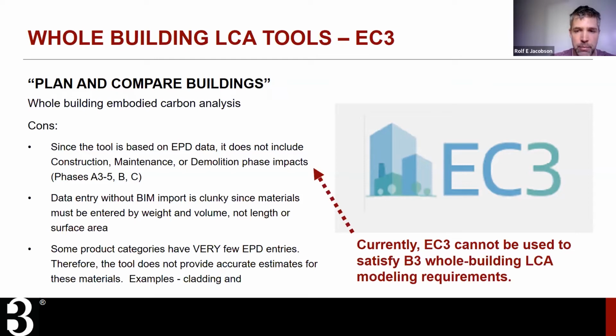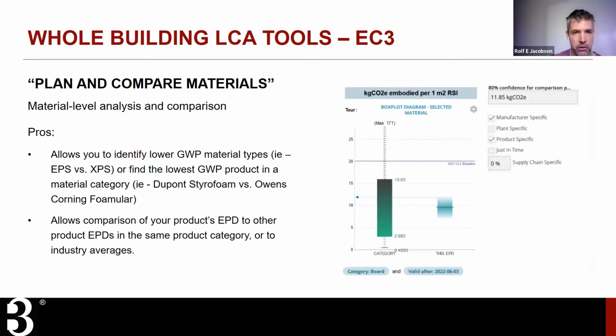So because we don't have all the phases built into this particular software, we cannot use EC3 for whole building LCA. It will probably be valuable to you in other ways though, specifically using the Plan and Compare Materials tool.